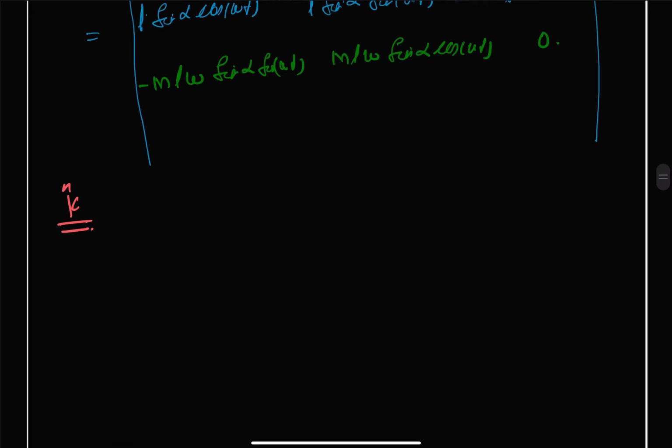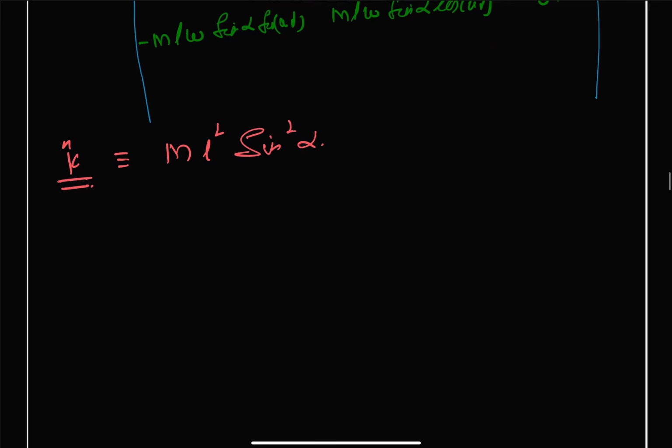So the k component will give us m L square sin square alpha, and therefore the angular momentum with respect to A will be equal to m L square omega sin square alpha k unit vector.